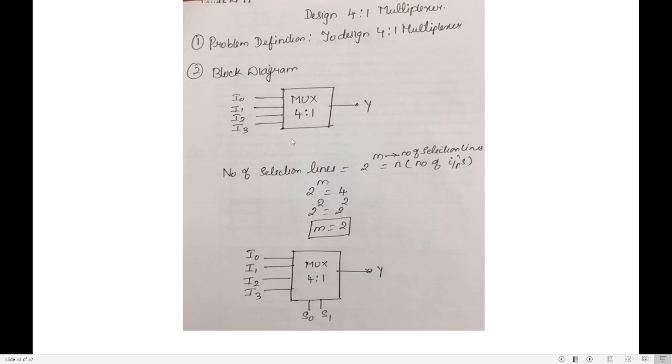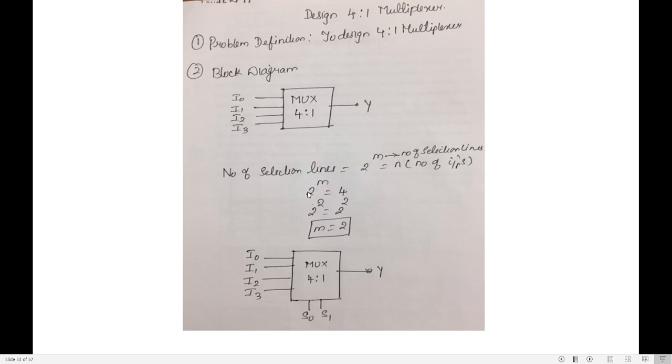The formula for identifying the number of select lines is 2 to the power m is equal to n, where m is the number of select lines and n is the number of inputs. For a 4x1 multiplexer, how many inputs do you have? 1, 2, 3, 4.